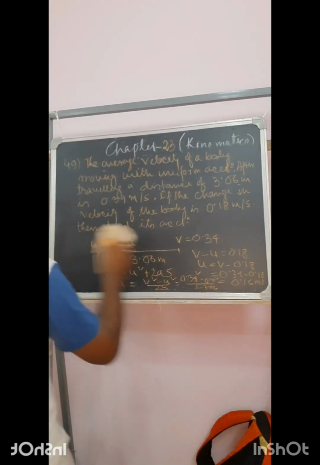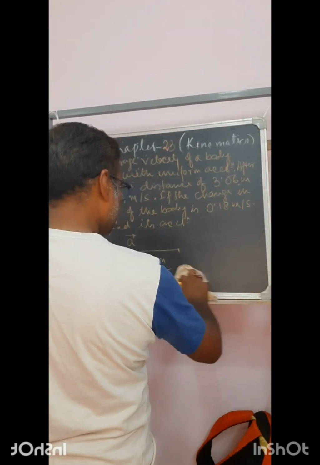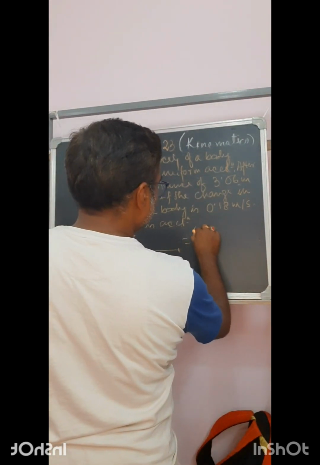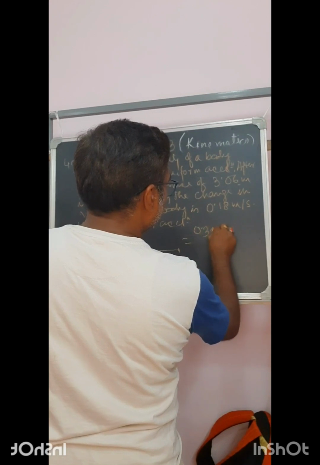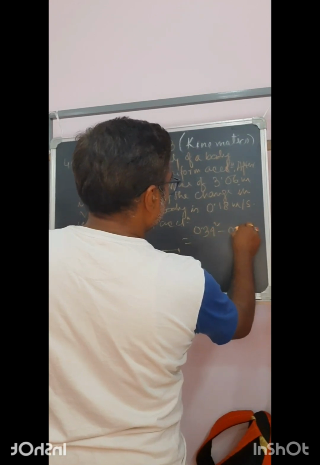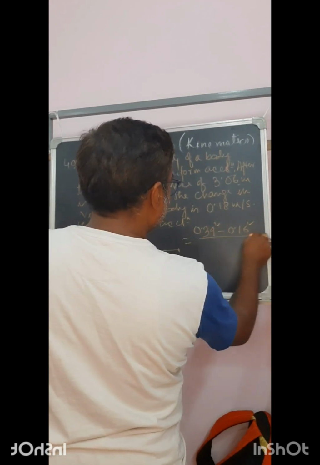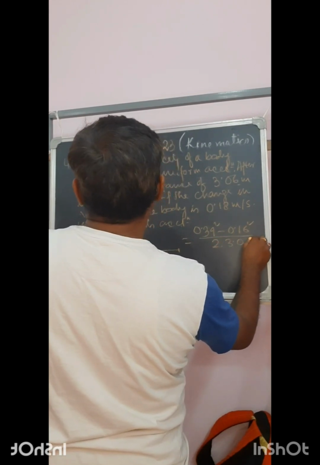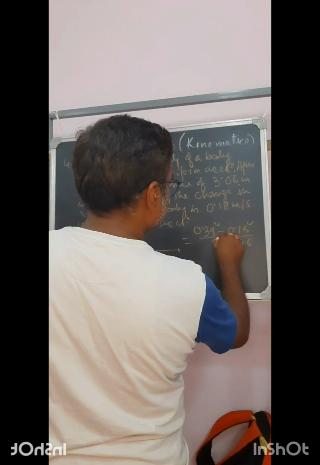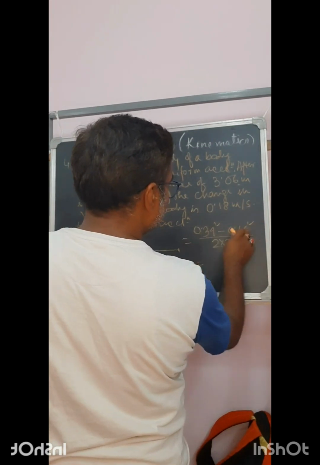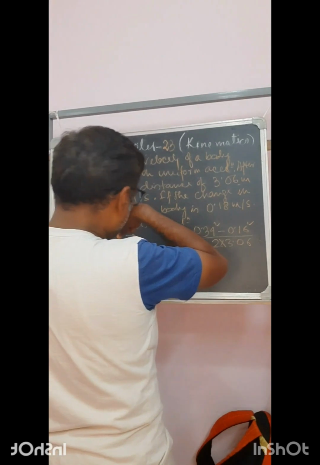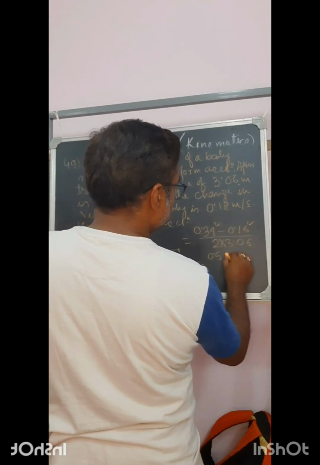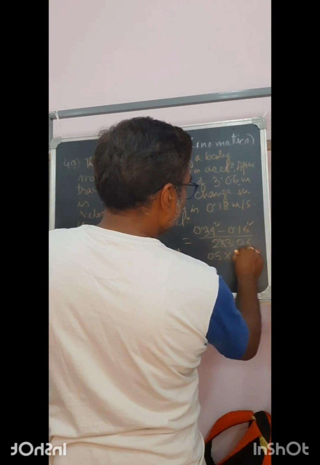So if I write it here, a is equal to 0.34 square minus 0.16 square divided by 2 into 3.06. So that means this plus this is equal to 0.5, and this minus this is equal to 0.18.